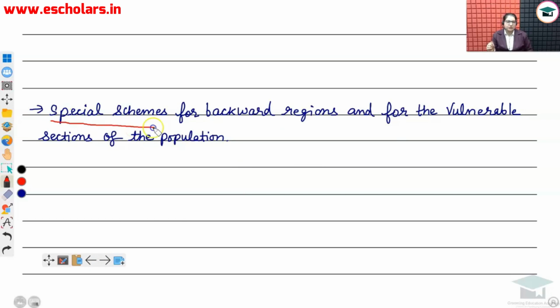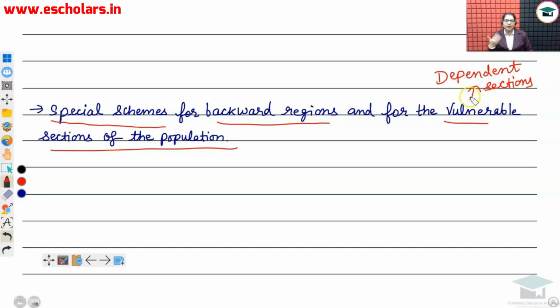Also, there are special schemes for backward regions and for the vulnerable sections of the population. Vulnerable sections means the dependent sections. For example, the government is focusing on infrastructural development in rural areas.